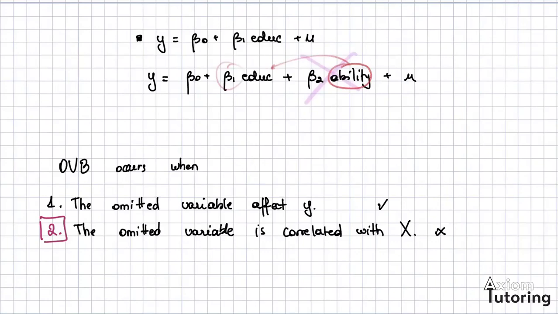And this might surprise a lot of students, but if you think about it, especially now that you have seen the Frisch-Waugh theorem visually, if the omitted variable is unrelated to X, it cannot contaminate X. It just goes into the error term, which is fine.